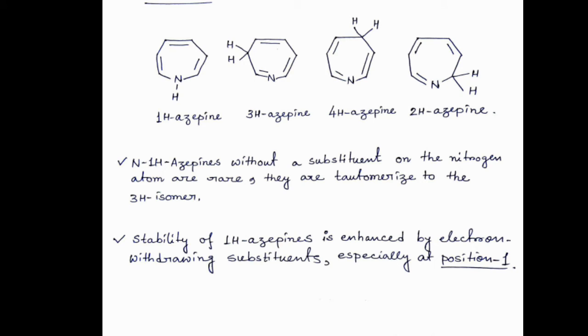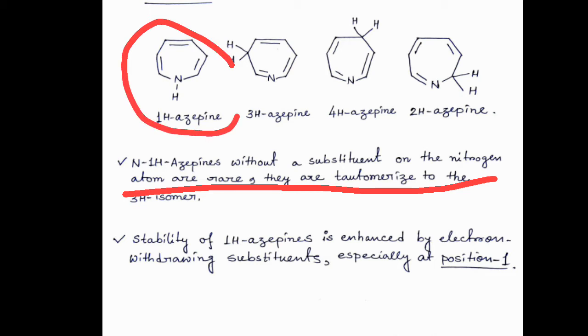Nitrogen 1H azepines without a substituent on the nitrogen atom are rare. They tautomerize to the 3H isomer. So without any substituent at the N position, that is position one, it finally tautomerizes to the 3H isomer, and this is actually an unstable structure.